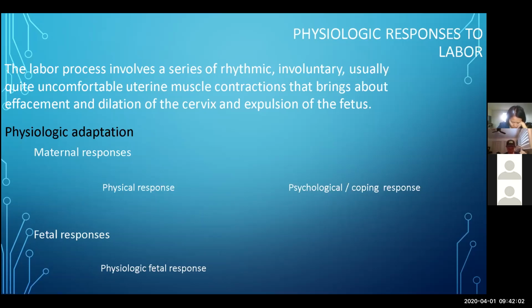responses include the increased heart rate. So we're going to increase roughly about 10 to 20 beats per minute. The cardiac output also increases to about 12 to 31% during the first stage of labor, and by 50% during the second stage. BP increases by up to 35 millimeters of mercury during uterine contractions in all labor stages.